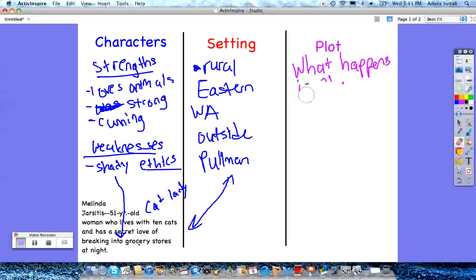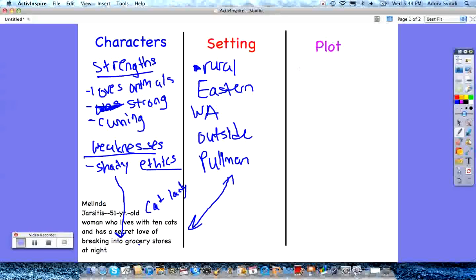How does the character change over the course of the story? And why is character change so important? Well, think of your favorite books. Do characters stay exactly the same at the beginning as they do at the end? No, they change over time. They gain wisdom. They gain insight. Harry Potter sees all these people dying and becomes more wise, more insightful. People change over time, and so characters do.